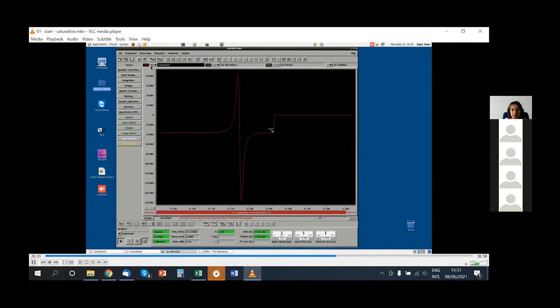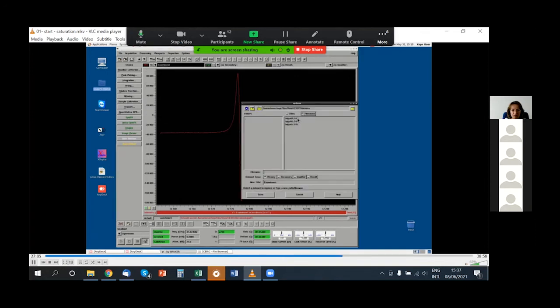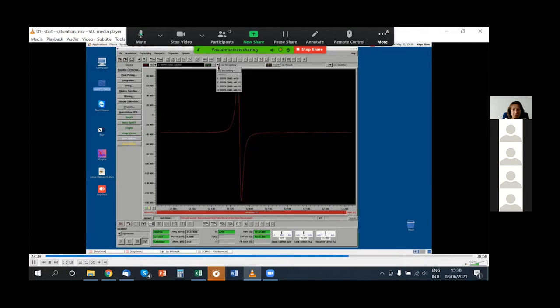And with this experiment, I'm doing the so-called saturation behavior, and I will increase microwave power to see how the amplitude of the signal changes. And now I'm comparing. Once we have here 30 dB, here we have 24 dB.